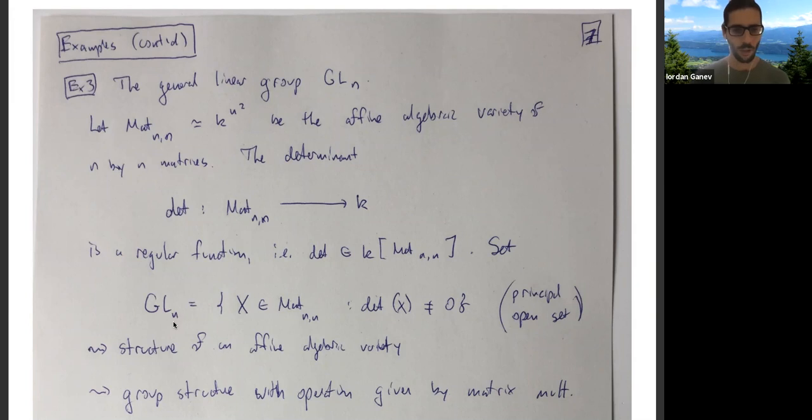So again, we have this issue that, the way I've defined it, GLn is an open subset of the variety of matrices. So this does not actually define its structure of an affine algebraic variety. Does anybody have an idea of how to make it an affine algebraic variety?